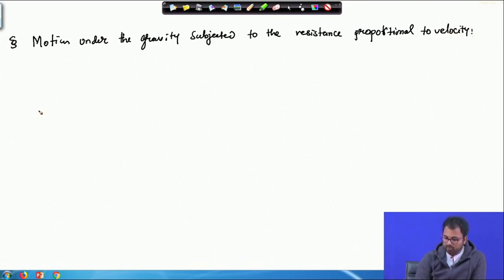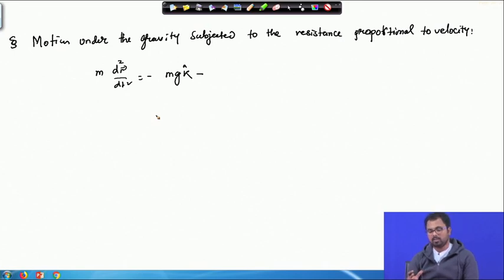So, first of all, motion under gravity, we know how to write d square r by dt square is equal to minus m g k. Now, the thing is we have a resistance. So, that means the particle cannot move freely, it gets some kind of resistance against velocity. The resistance is actually a force which we have to subtract.